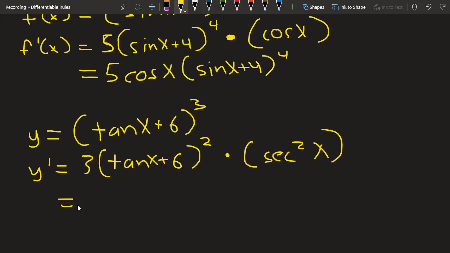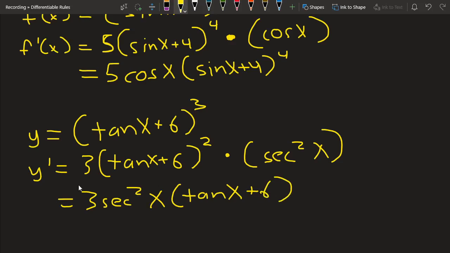So we can rewrite this as 3 secant squared of x tangent of x plus 6. That's the answer. Okay, let's try 3 more practice problems here.